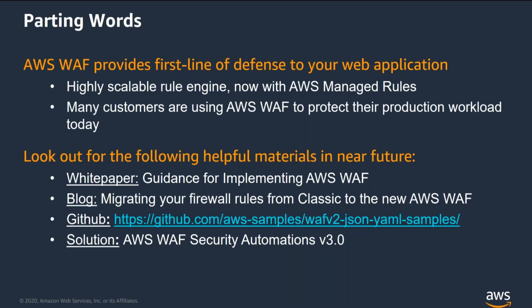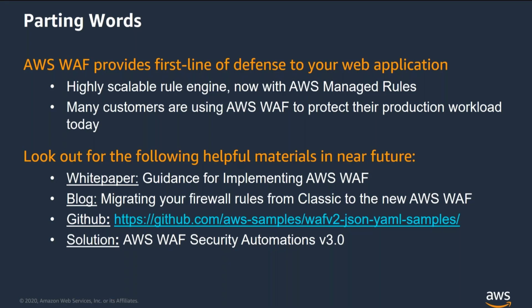We have a couple of documentation and helpful materials coming in the near future that you might be interested in. We have a white paper coming in April, which provides you guidance for implementing AWS WAF in your production workload. We will also feature a blog post on migrating your rules from Classic to the new AWS WAF, which will cover more thoroughly what you need to look into before migrating over.